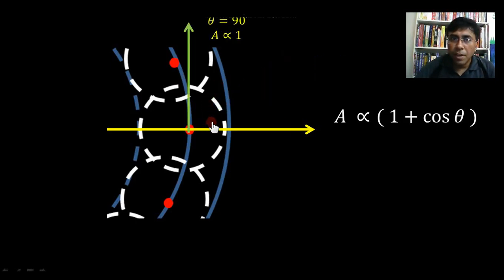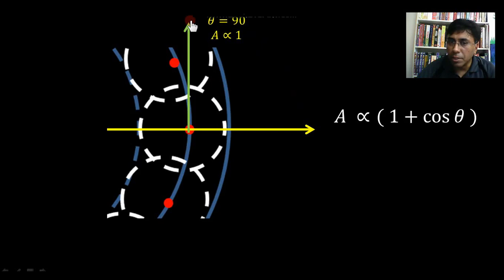And at this point, which subtends an angle of 90 degrees, cos 90 would be 0 and the contribution would be directly proportional to 1.